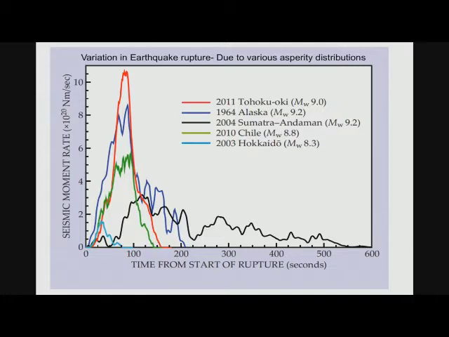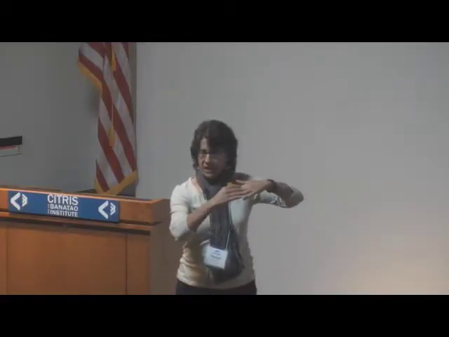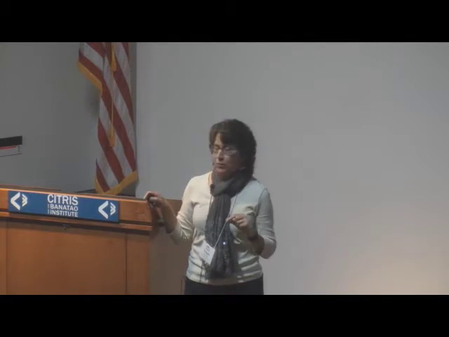Okay, so what can we do once we know, okay, here's the slip distribution of an earthquake? I think one thing that is important, exciting, is Jeff talked about how we can use GPS data in the interseismic stage, between earthquakes, where the downgoing plate is dragging the upper plate in that direction, and we can use that to invert for locking on the plate interface.